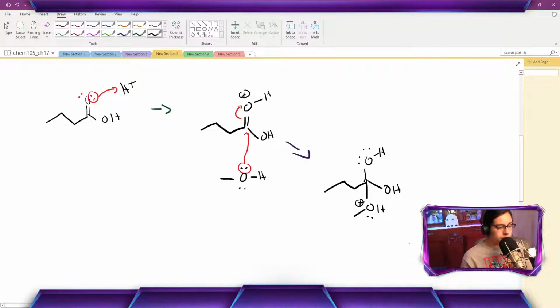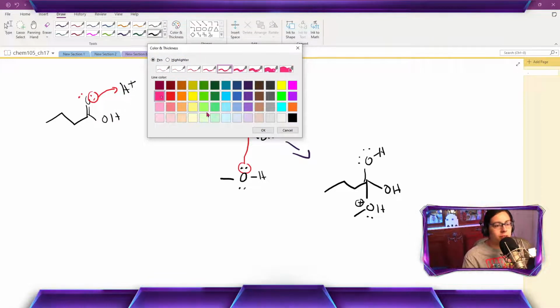And so the next step is a proton transfer. Our proton from here is going to move over to here so we can have water as a leaving group. So let's write that.